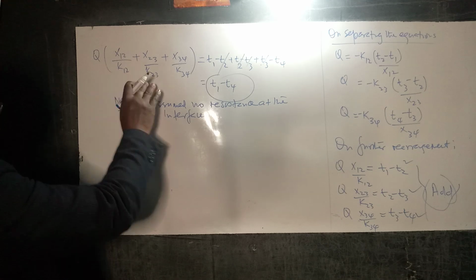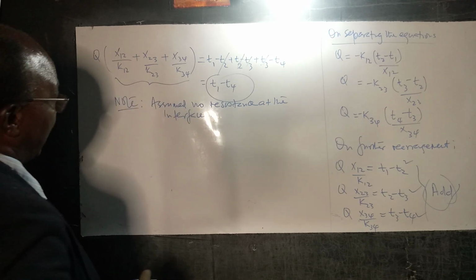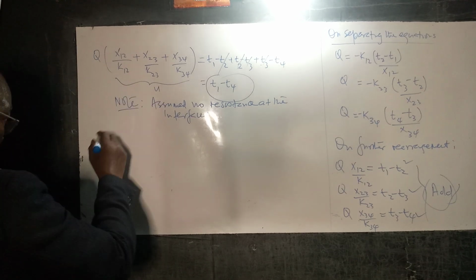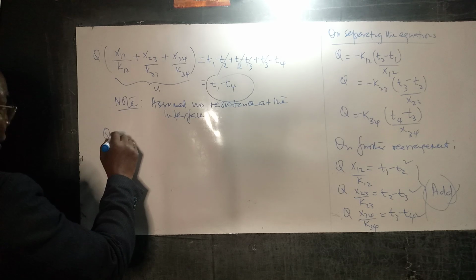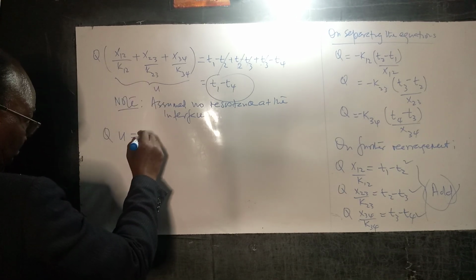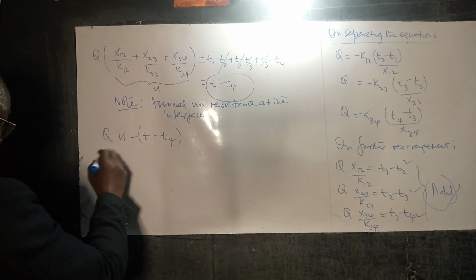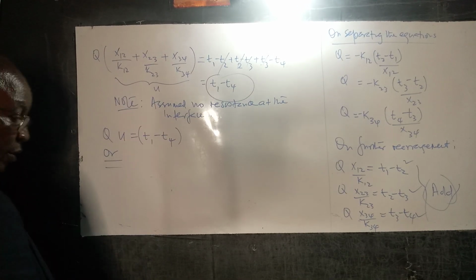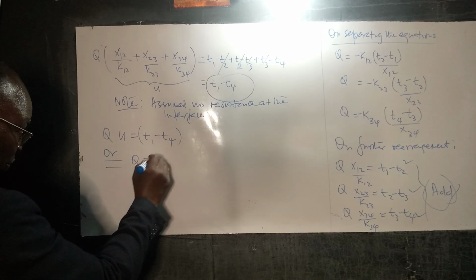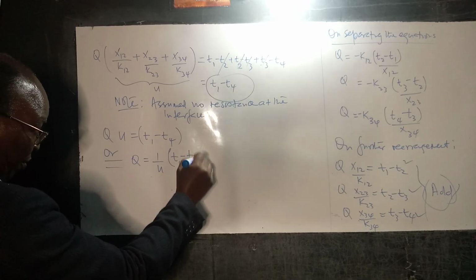So, working with that, let's call this bulky quantity here U. So Q into U will be equal to T1 minus T4. Or, on simplification, take U to that side, you have Q equals 1 over U into T1 minus T4.